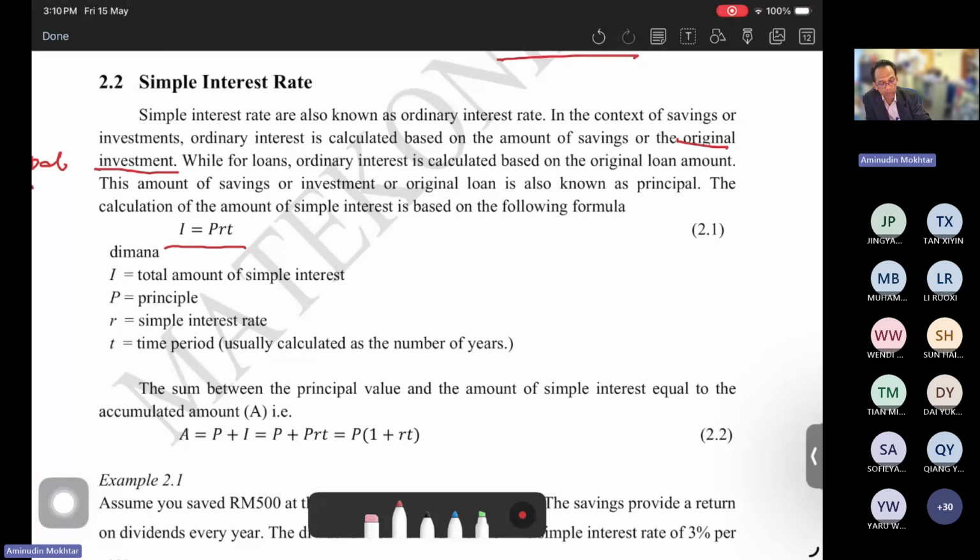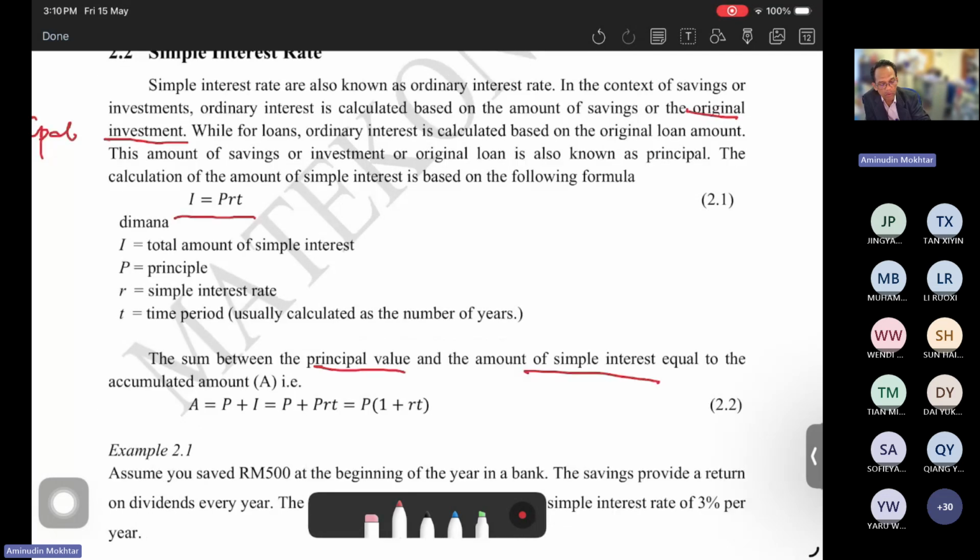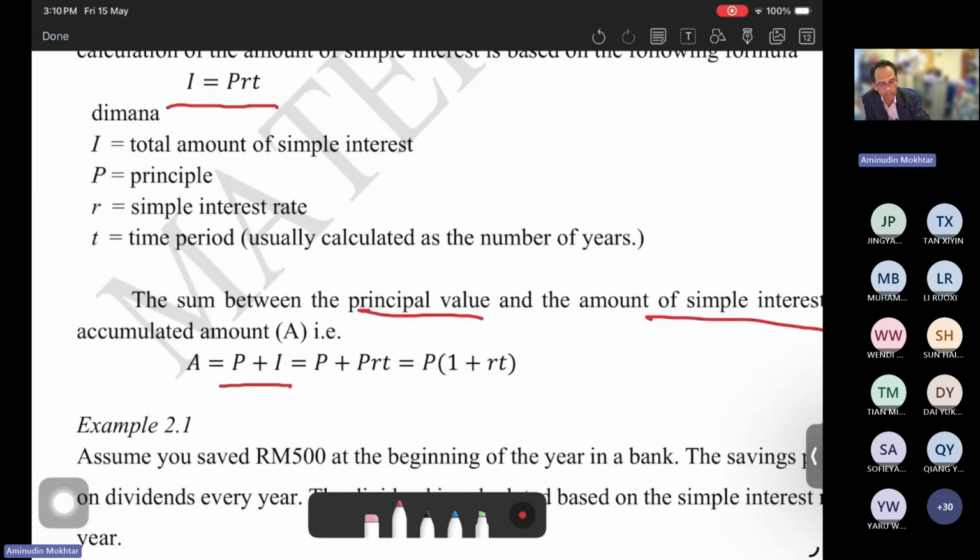And then the sum of the principal value and the amount of simple interest is equal to the accumulated amount, that is A, where A equals P plus I. Now, what is P? Principal. Plus I is the total amount of interest. In general, we can say that A also equals P times 1 plus RT.